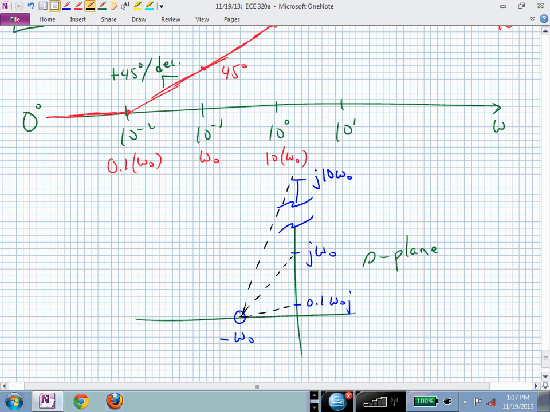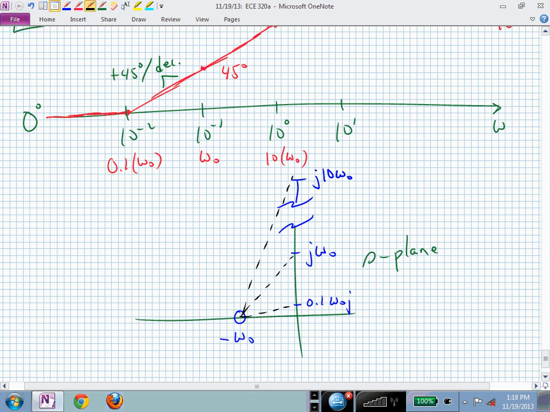When we're at a value omega naught a decade below or less, it's not a very big angle. So we're just approximating that to be 0. Then we say, right at the break, that's an angle of 45 degrees for a single linear factor.